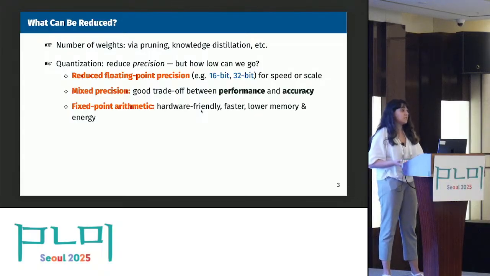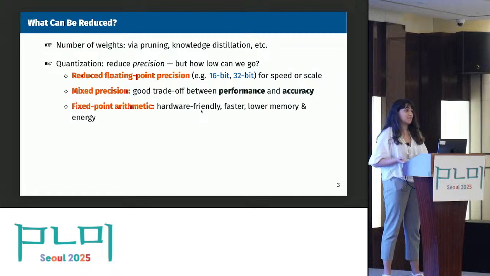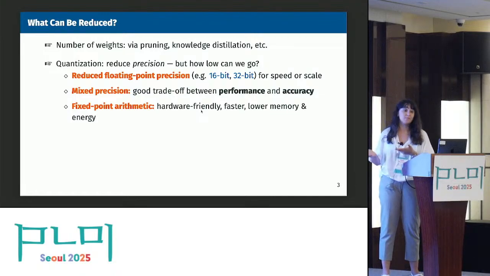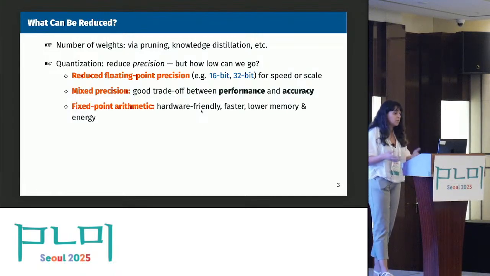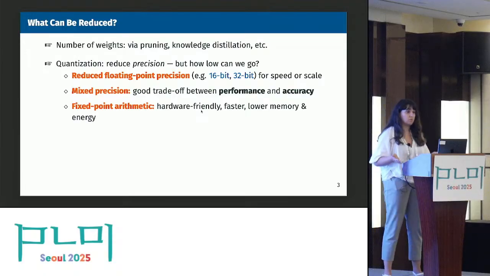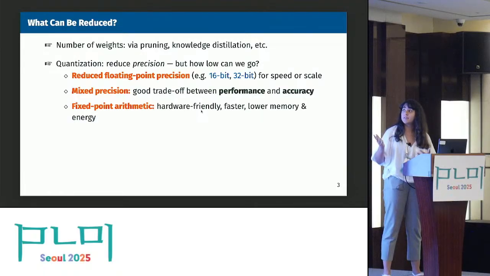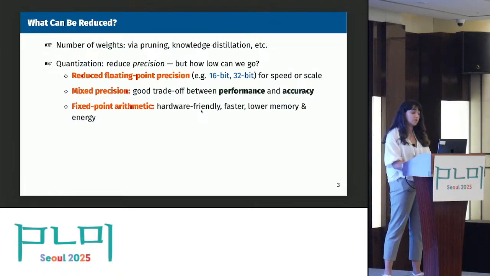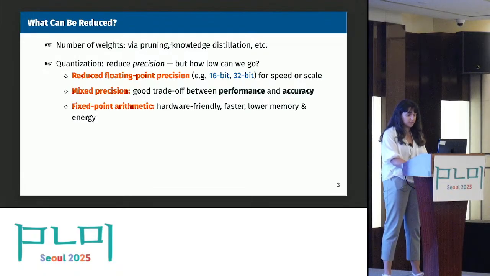So there is a need for optimization, but the key question is what can be reduced? Many optimization techniques are available in the state of the art. For instance, we can reduce the number of weights of these models. Techniques like pruning and knowledge distillation are available for this.